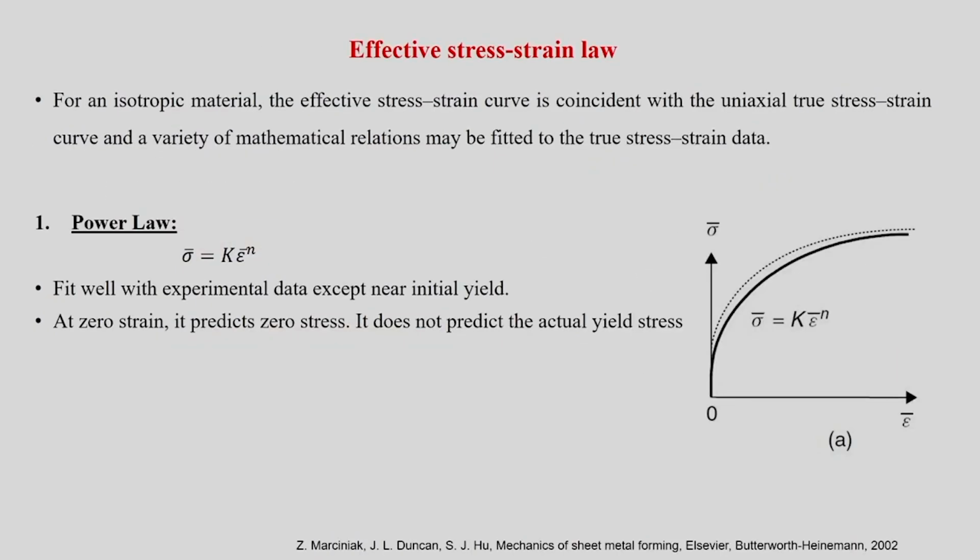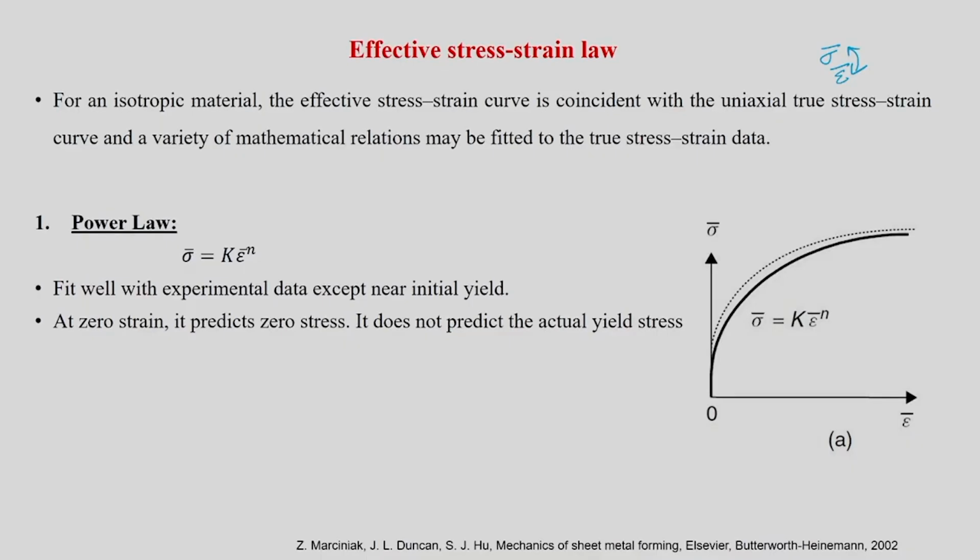Now this small part, we are going to discuss different effective stress strain laws. Effective stress strain law means how you relate sigma bar to epsilon bar. 1 or 2 equations we have already seen, but we will see that in effective terms.